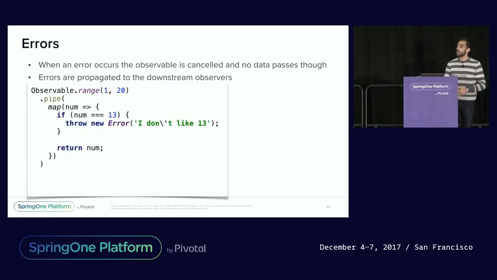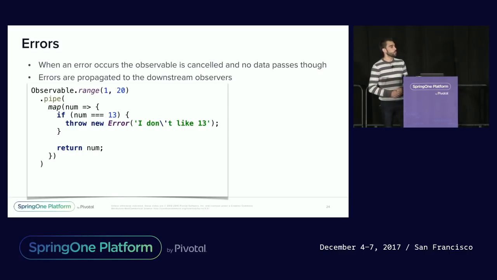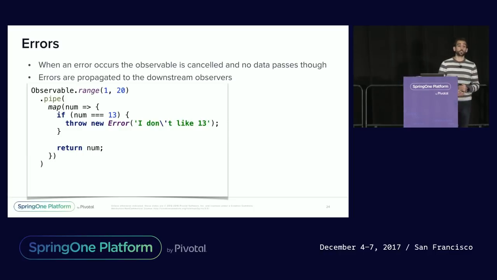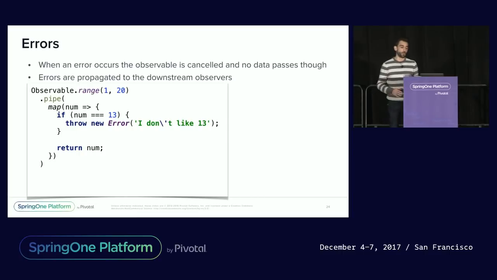But if we meet number 13, the observable will throw, or will map it to an error. This error will be propagated downstream, and when we have an error, the stream will just finish. We're not going to get 14, 15, 16. It's done. We got an error.